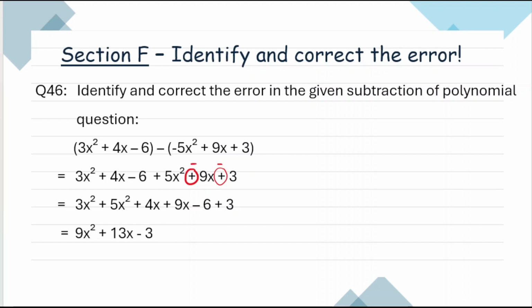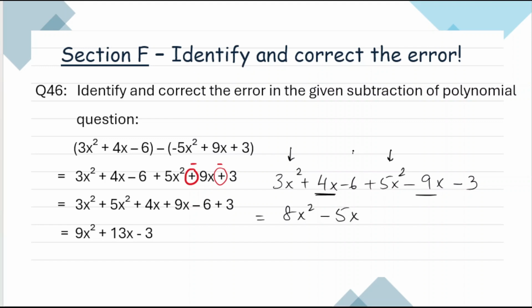So let's do them. We have 3x square plus 4x minus 6 plus 5x square, and this 9x is actually negative 9x and 3 is also negative 3. So 3x square plus 5x square, take the like terms, 3 plus 5, 8x square, plus 4x minus 9x is negative 5x, minus 6 minus 3 gives me negative 9.